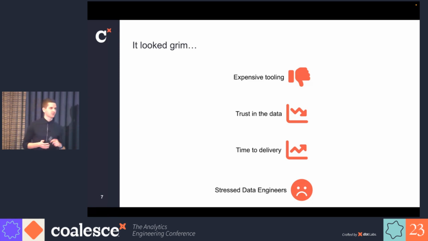And then the worst thing is the stress on the data engineer. I think we can all agree that no one wants to go to work stressed, not knowing which part of the pipeline has blown up. Your data engineer should be cherished. They are valuable resources, and at the end of the day, they should be focusing on something that really matters to the business. And so for all of these points, the data product value was really going down at Rebtel, and the situation was not ideal.